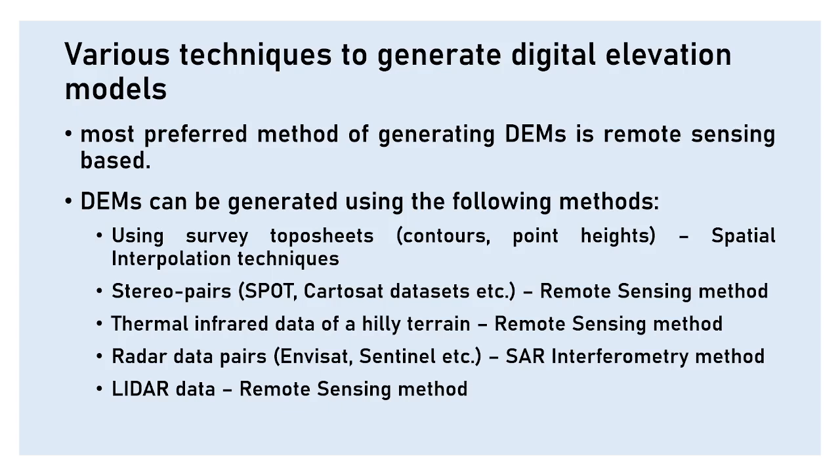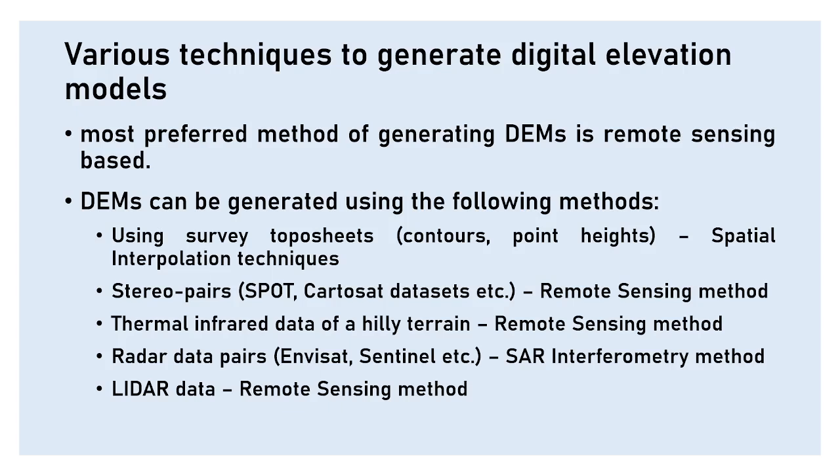The DEMs can be generated using the following methods. It can be prepared using survey topo sheets, like contours and point heights, which is basically done using spatial interpolation techniques. Spatial interpolation we have already discussed, but we'll discuss it again.